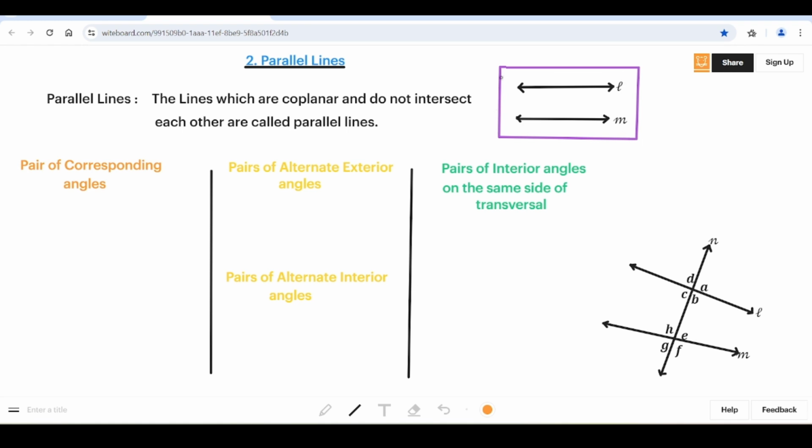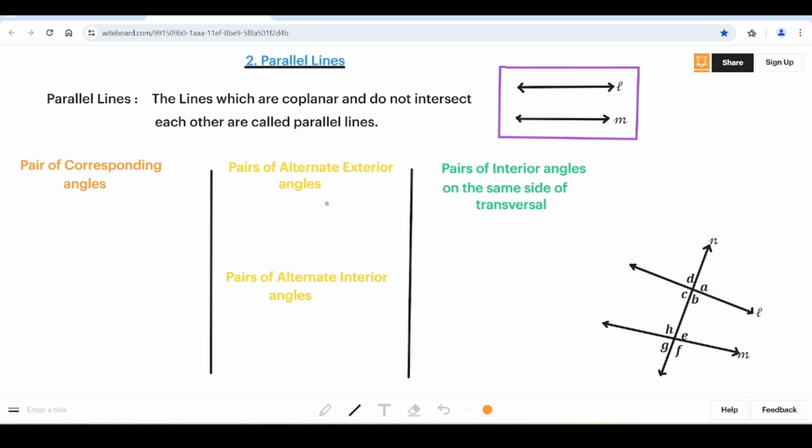Consider this is one plane and we have two lines in it, line L and M. Those lines are coplanar lines because they exist in the same plane and do not intersect each other, so they are called parallel lines.